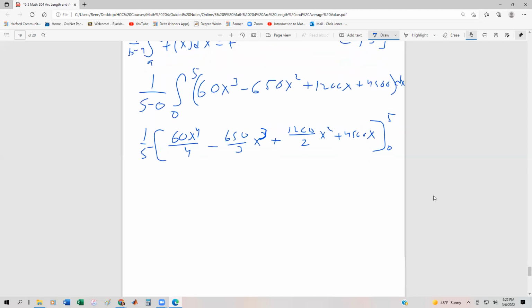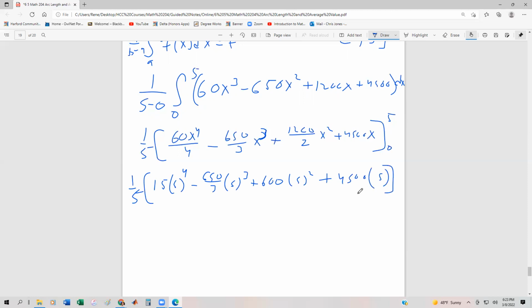At this point, we could just substitute 5 back in. So we get 1/5 of 15 times 5 to the 4th minus 650 over 3 times 5 cubed plus 600 times 5 squared, and then finally plus 4500 times 5.